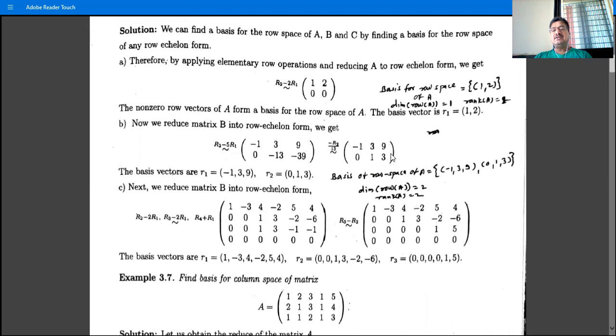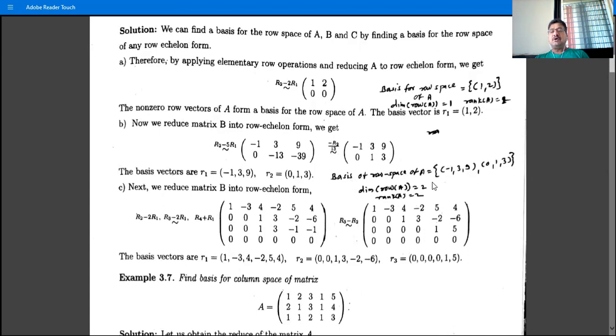But the number of non-zero rows, this matrix contains two non-zero rows in this echelon form. So if we find another form of echelon form, then it also contains the same number of non-zero rows, that is two non-zero rows. So this answer is unique, that this matrix contains two non-zero rows, but its forms are different.